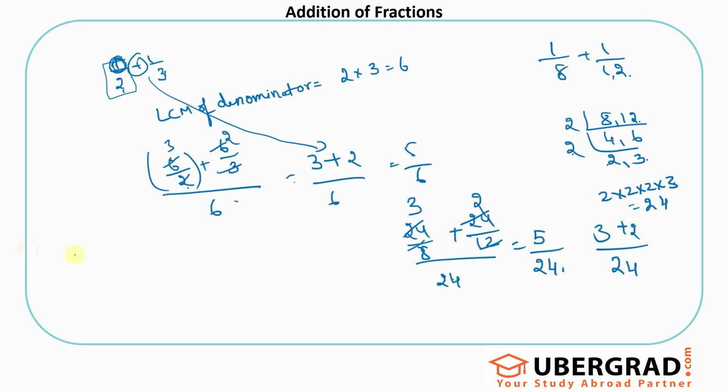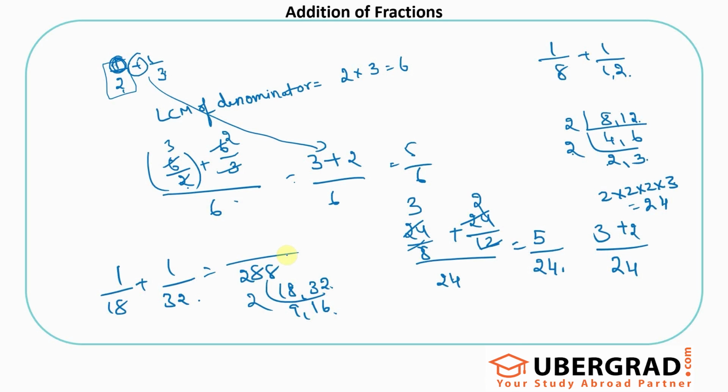Let's say if I am talking about 1 by 18 plus 1 by 32, let's see what is the LCM of 18 and 32. 2 9s are 18, 2 16s are 32, and I don't see anything else. This is going to be a little bit more difficult to do actually. 2 is the only common thing I see, so that will be 18 into 16, which is 288.